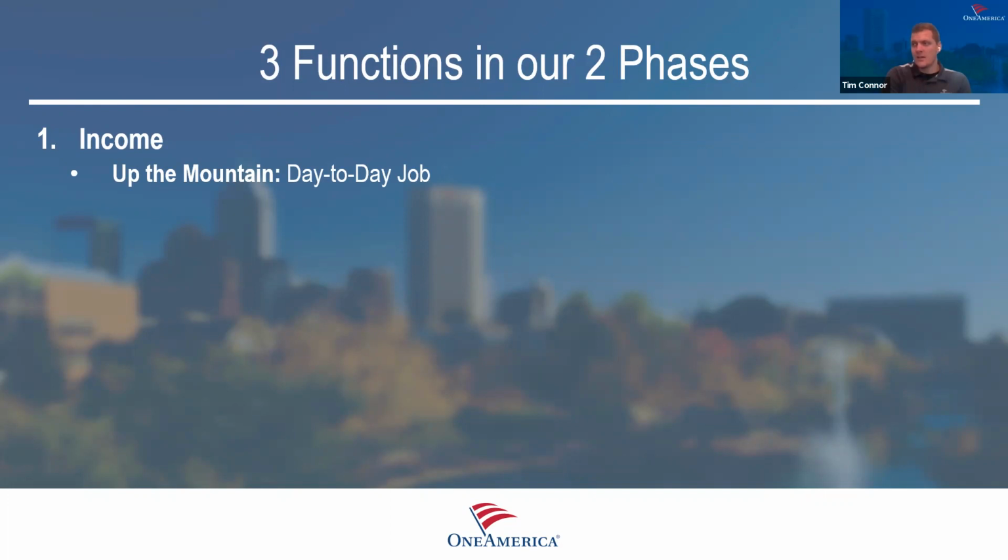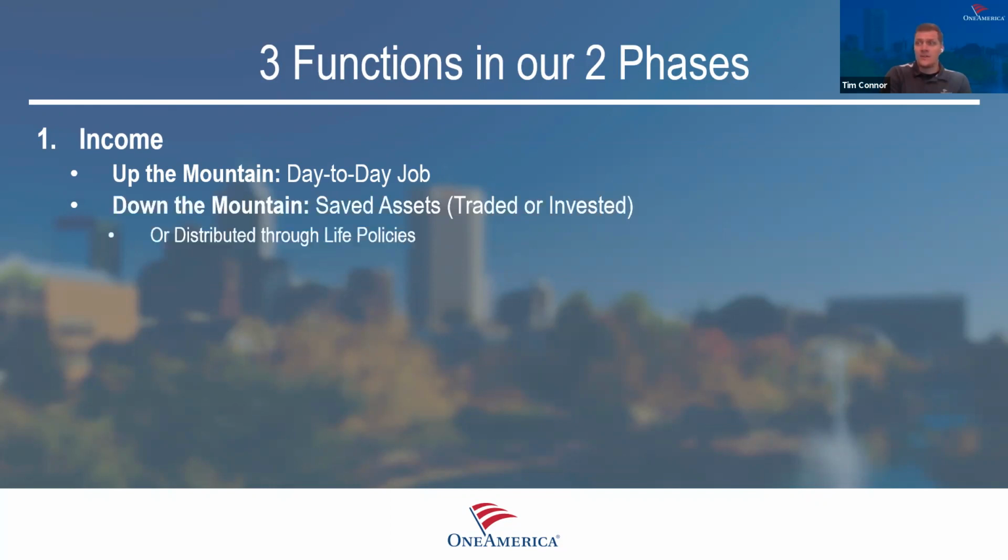Going up the mountain, income is our day-to-day job, the paycheck we bring from our occupations, and what we save for retirement. Down the mountain are our saved assets, which can either be traded or invested. And then there's a third component, where you can take a distribution from your life policies and get tax-free income. It's always important that you know how to structure that, but those are essentially how you can develop those income streams.